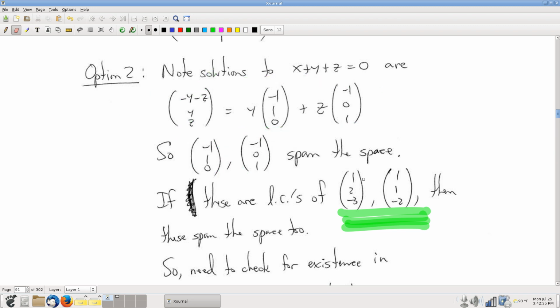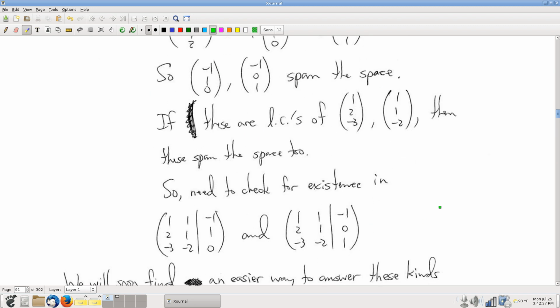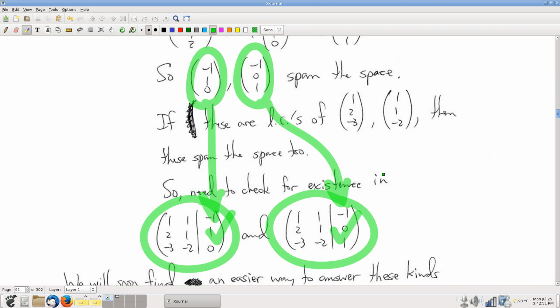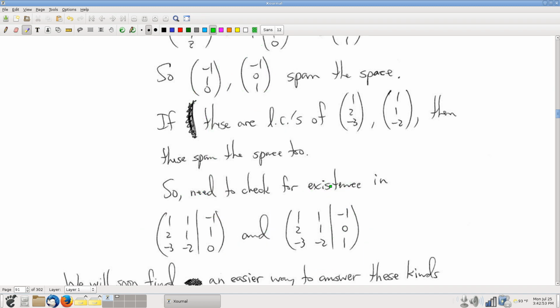So if you don't like the argument above, the point is you can simply look at these two systems and just confirm that there are solutions to both of these explicit systems, and that confirms the result. Like I say, it's a little bit more trouble this way. It's not clear that this is a win, but it's an alternative.